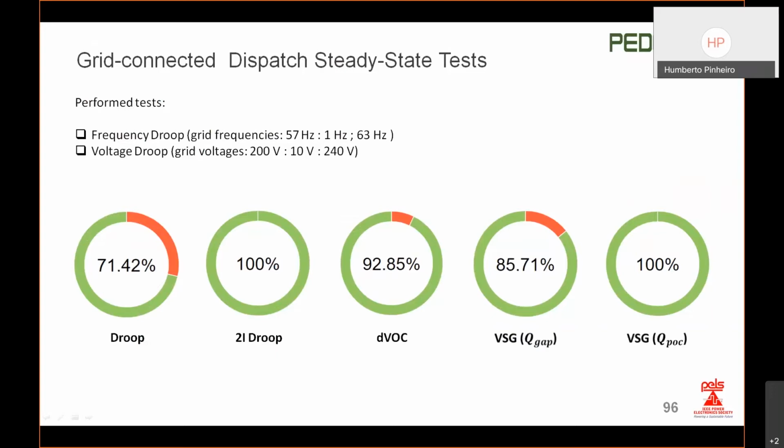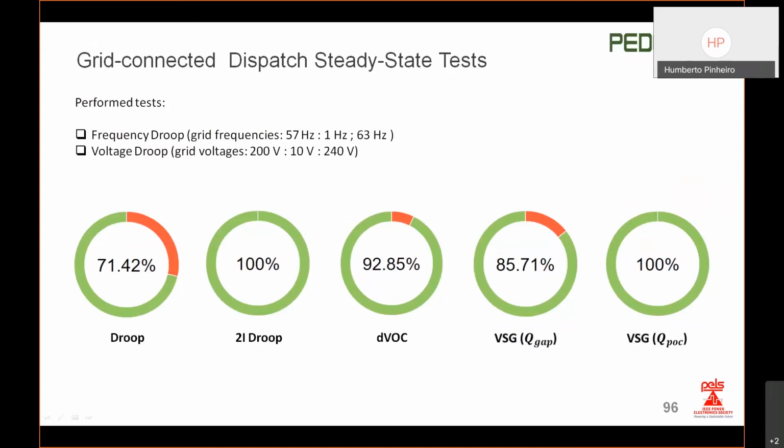So we have this donut chart showing the results. We see that the two integrator droop and the virtual synchronous generator with the reactive power computed at the POC have passed in all results.